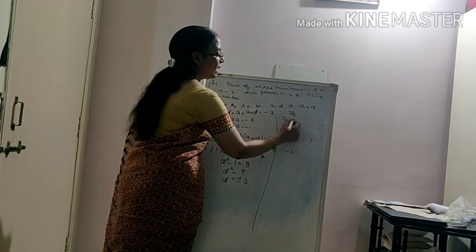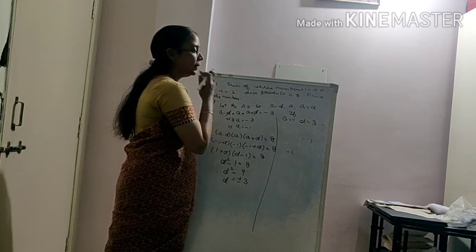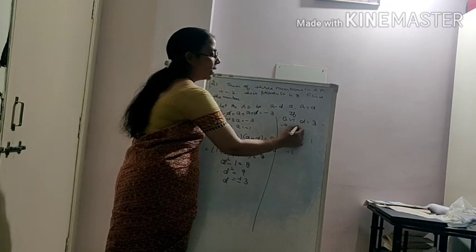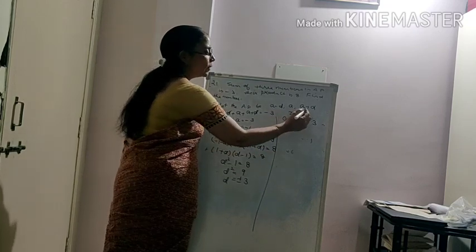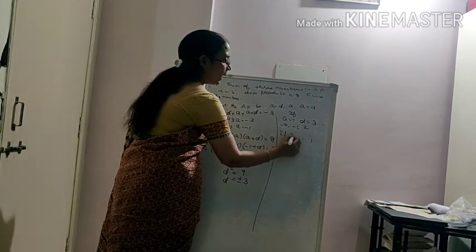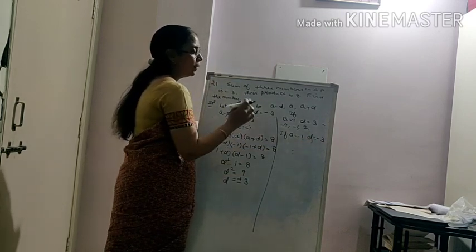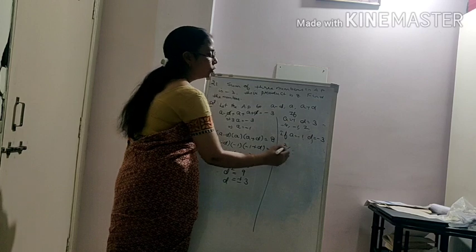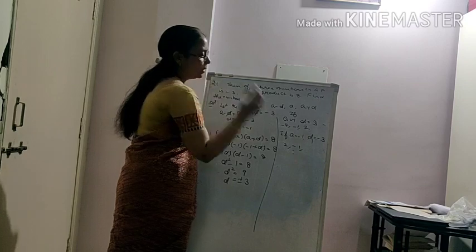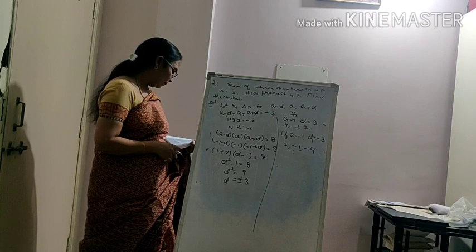If A is minus 1 and D is plus 3, your series will become minus 4, minus 1, 2. If A is minus 1 and D is minus 3, then 2, minus 1, minus 4. In either way we can write and find out the series.